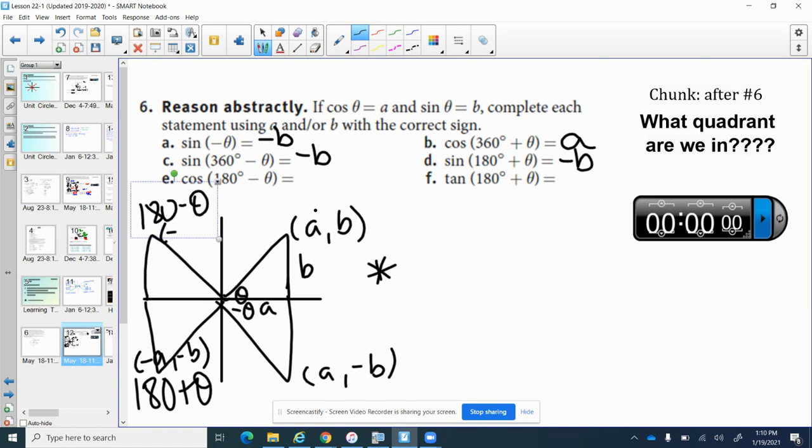And in quadrant 2, our cosine is negative compared to what it was in quadrant 1. So that's negative A. And then last but not least, tangent in quadrant 3, 180 plus theta, we know is negative B divided by negative A, sine over cosine, which our negatives cancel, and we're just left with B over A. Okay, again, what quadrant are we in is kind of the game of the day.